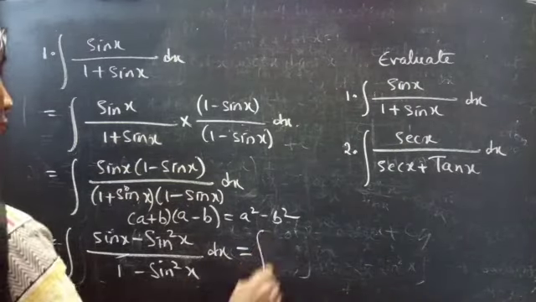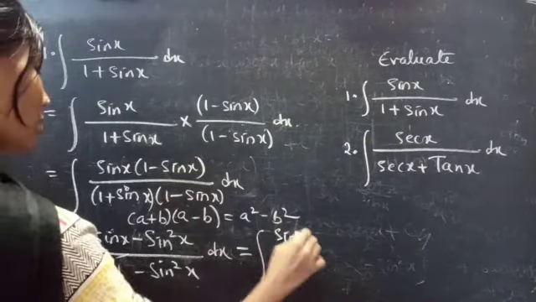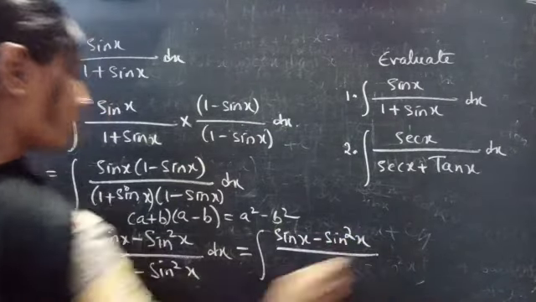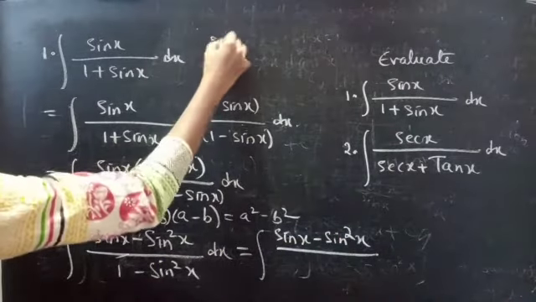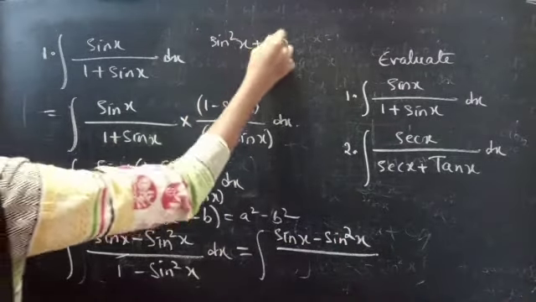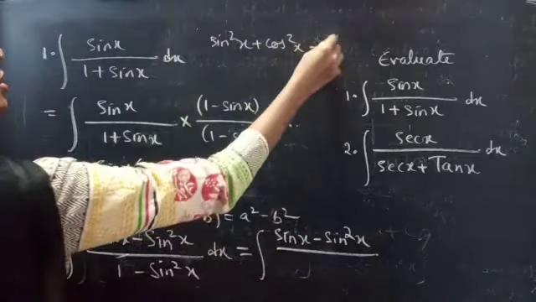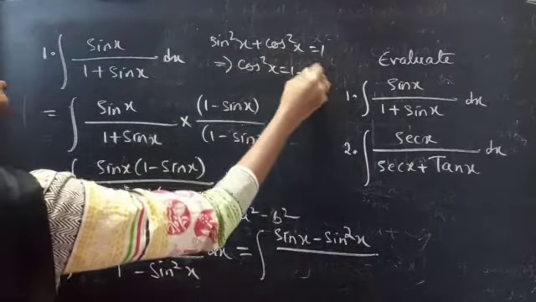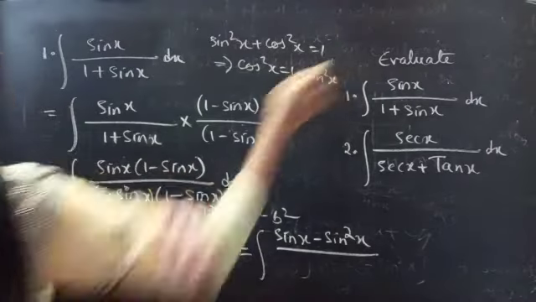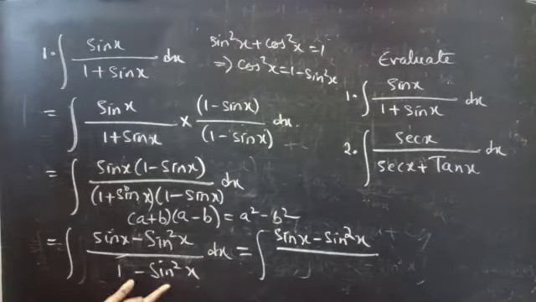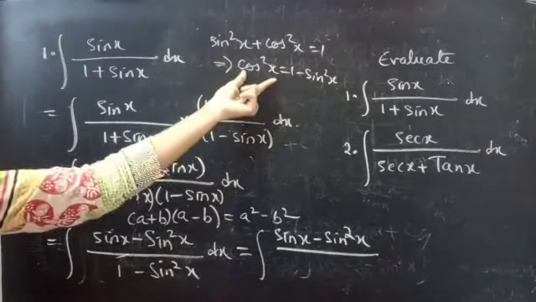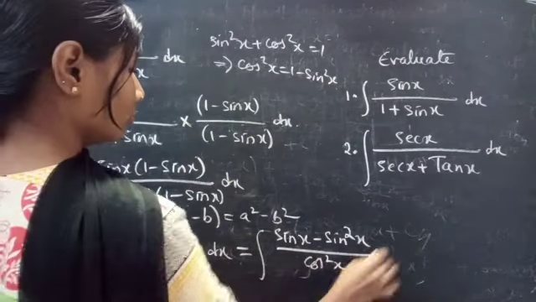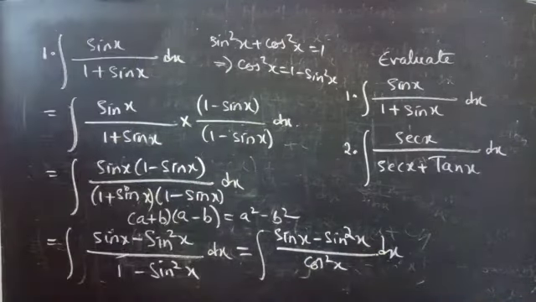So this equals the integral of sin x minus sin square x by, since we know that sin square x plus cos square x equals 1, from this you'll get cos square x equals 1 minus sin square x. Since in the denominator you have 1 minus sin square x, you can replace it with cos square x.